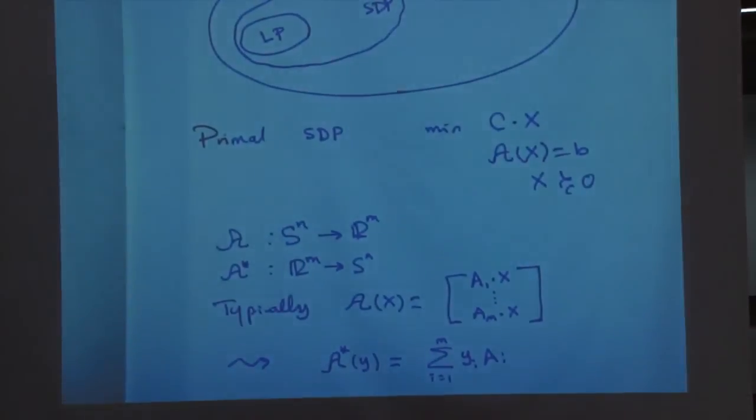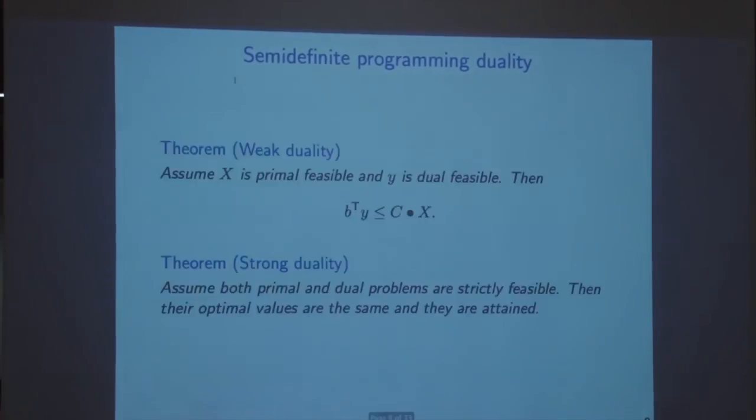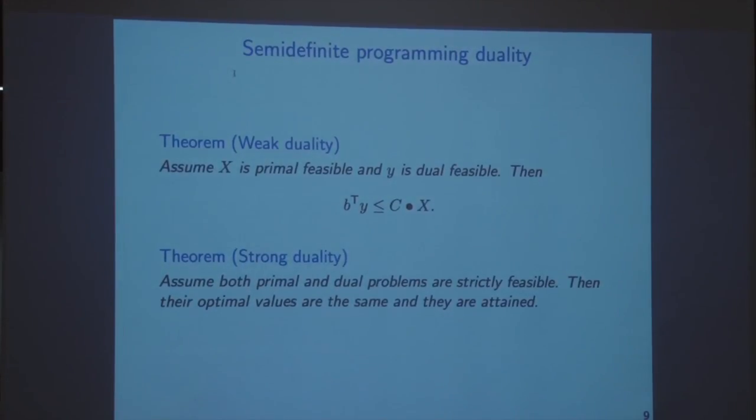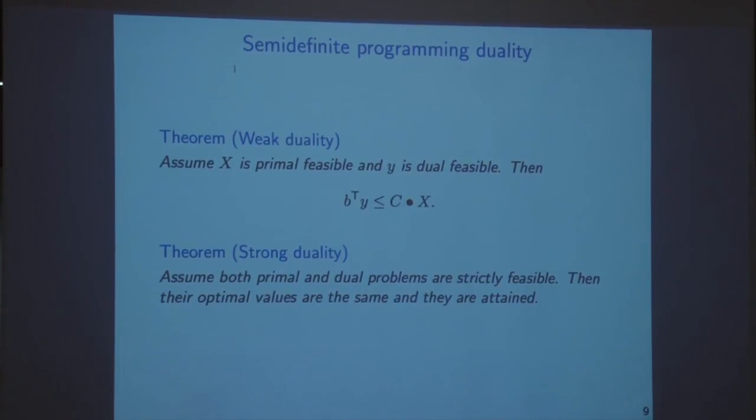And in the dual, a strictly feasible solution would be when S is positive definite. If both problems have that regularity condition, called the Slater condition, then both of their optimal values coincide, they're the same, and they are both attained.